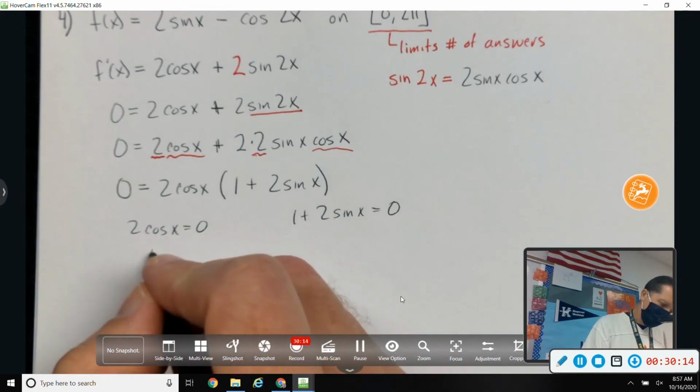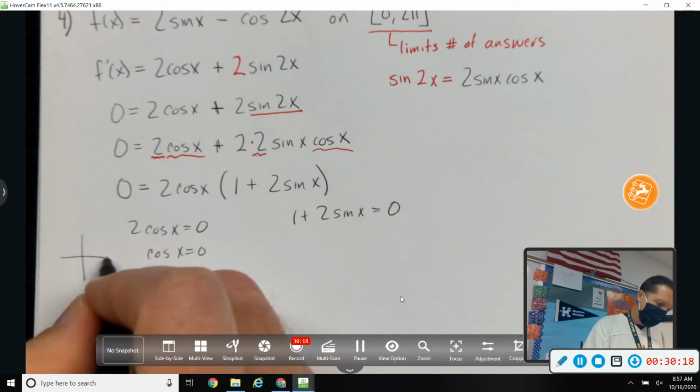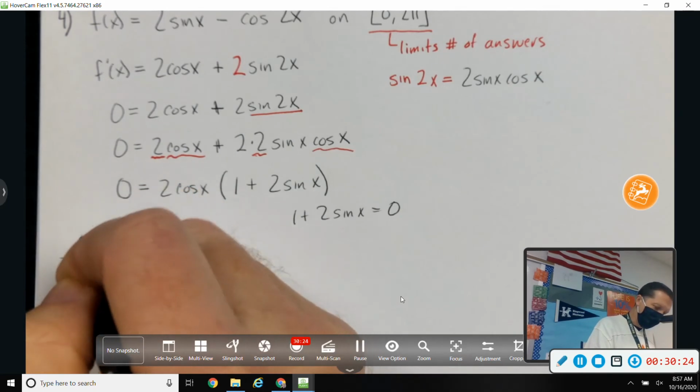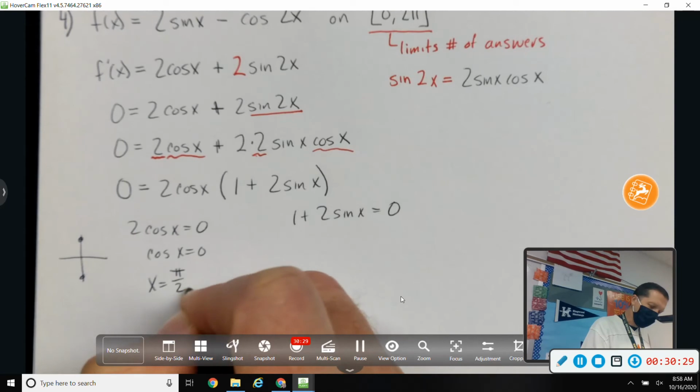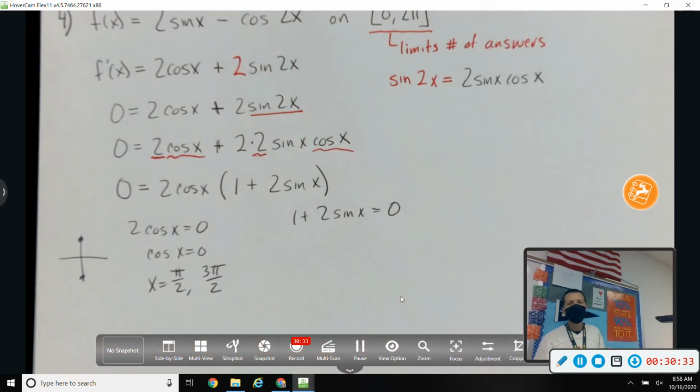So let's see, cosine of x equals 0. That happens at, see, cosine is the left-right thing, so that would be right there and right there. So pi over 2 and 3 pi over 2. Still built-in trig review here.